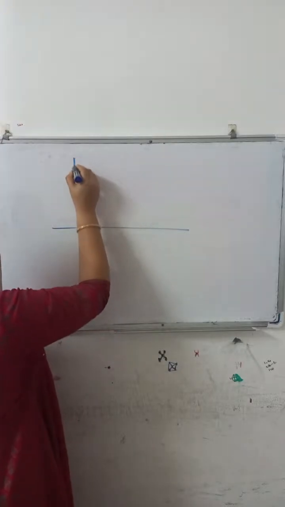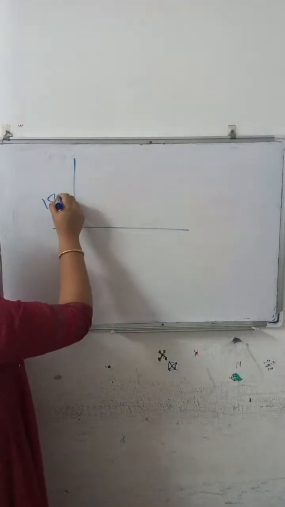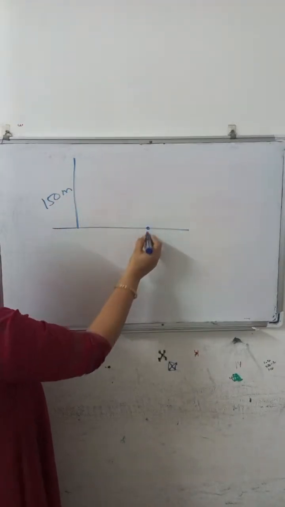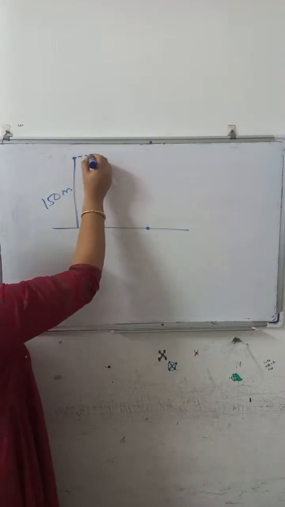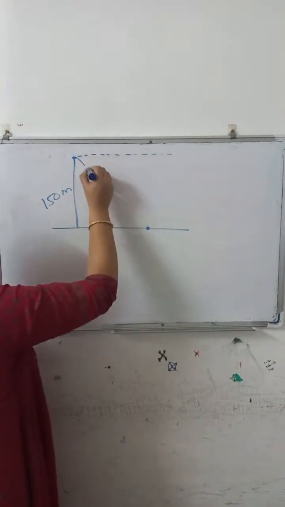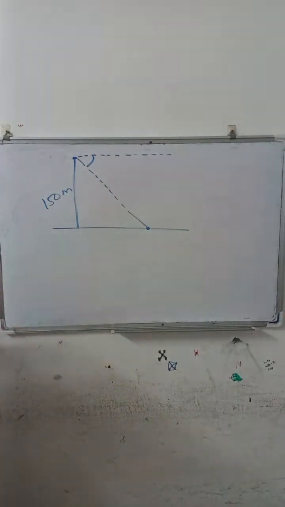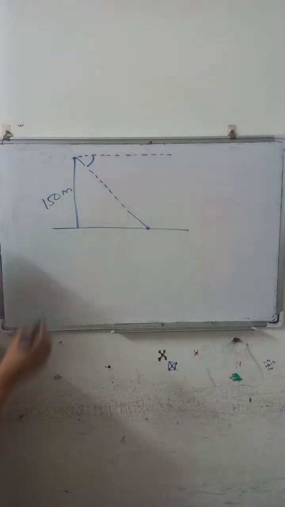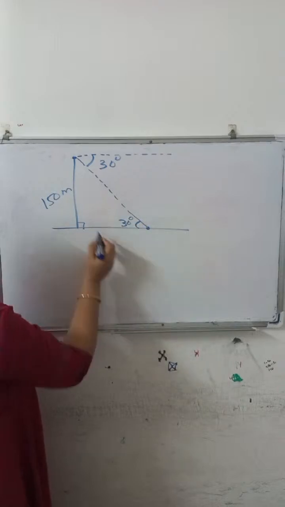One tall building is given, and this tall building is 150 meter in height. There is a car parked here, and a person is observing from the top. So the line of sight is here, but the car is parked at the ground. This angle of depression is given as 30 degrees. So internally this angle is also 30 degrees.